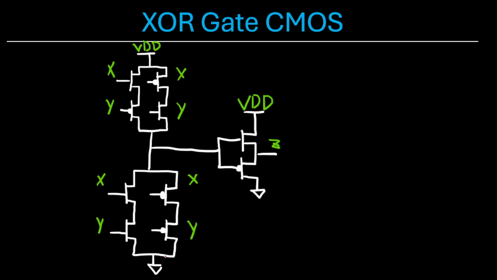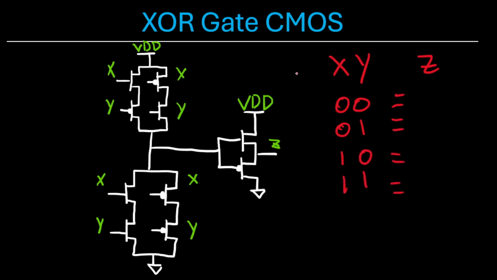Okay? Let's look at a CMOS example. So we got input X, Y, output Z. I'm going to go through all of the possible inputs and map the corresponding outputs. Okay, so for input 0, 0, you got 0 here, 0 there. This NMOS is off, no connection is made.